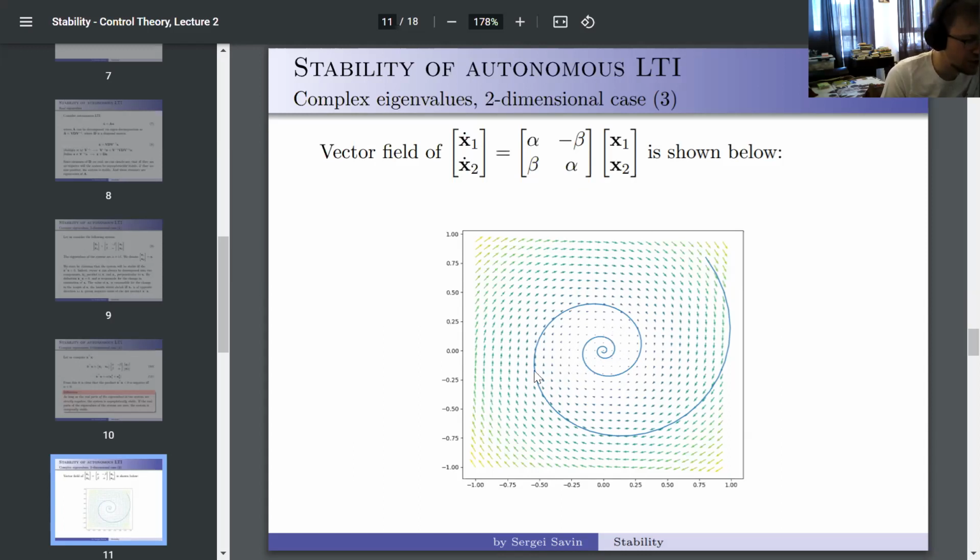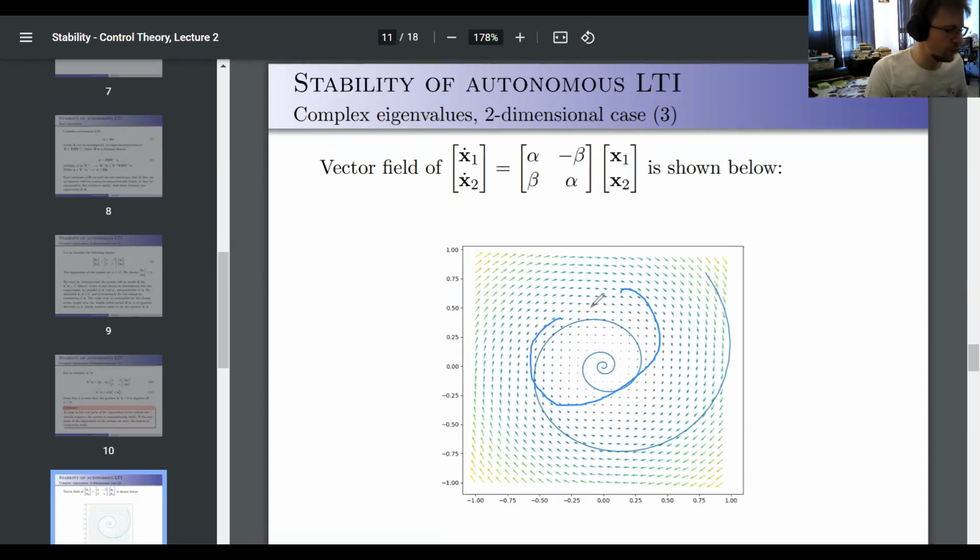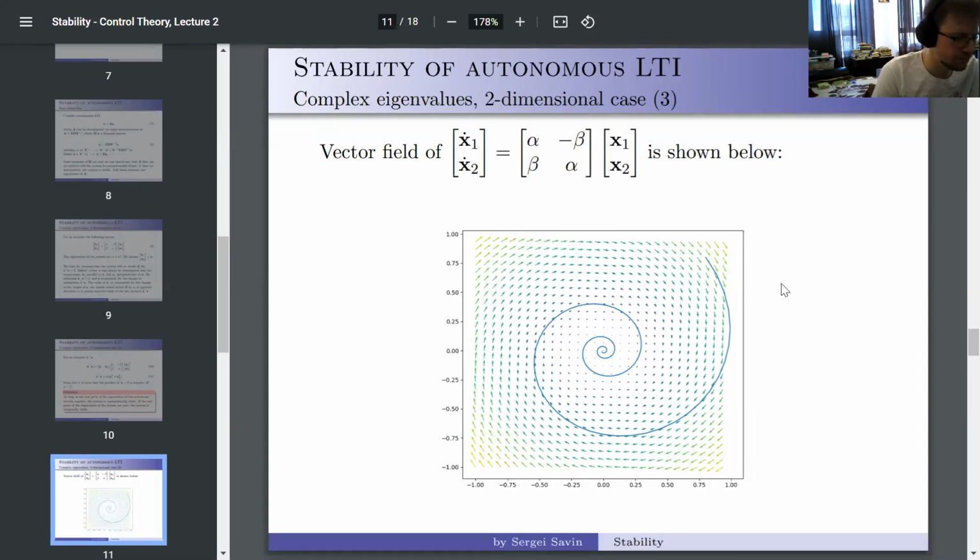When the system is not asymptotically stable, we call it marginally stable. It's just yet another terminology. If it was marginally stable, the solutions would be like circles. We will see it next time, I think. I will have slides. Okay, good. So this is a two-dimensional case, complex eigenvalues.